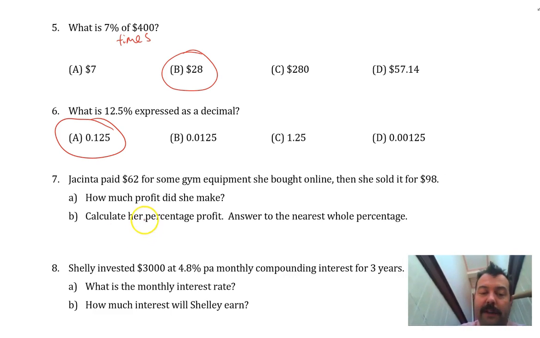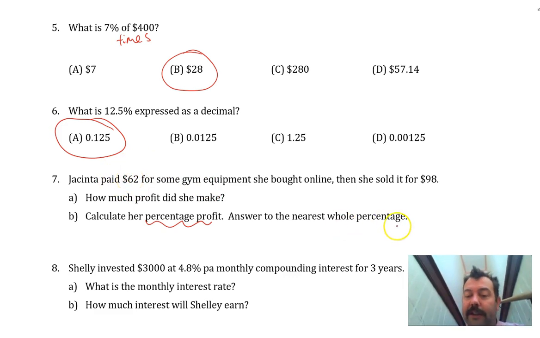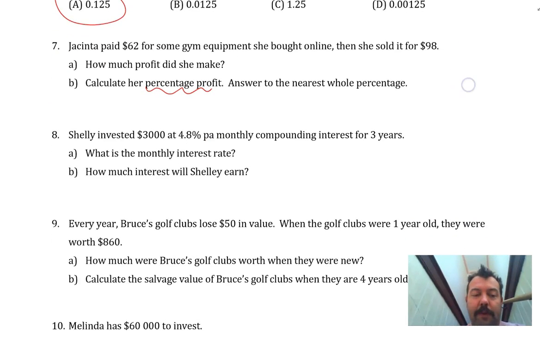Now her percentage profit means to take that profit, the answer from here, right, and I'll leave you to work that out, take that answer and express that as a percentage of her investment, the money that she spent. Okay, so the answer from here divided by 62, and then change it to a percentage.